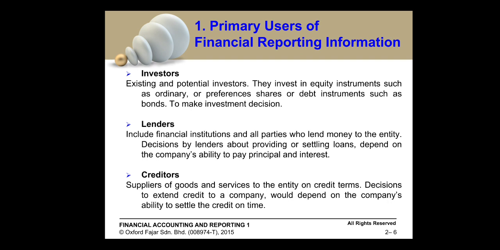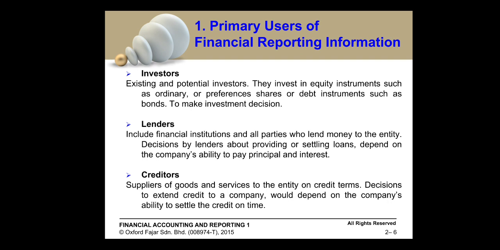If the company has sufficient cash to pay back the loan, then the bank or financial institution will give the loan. If the bank or financial institution sees that the business has no sufficient cash to pay back the loan, then the bank will not give the loan.